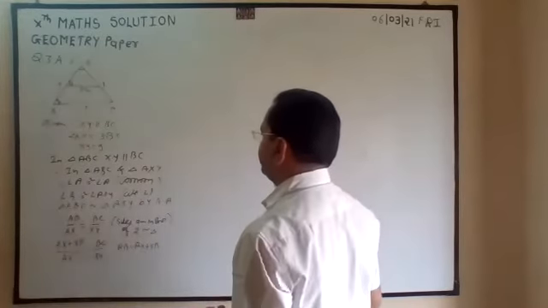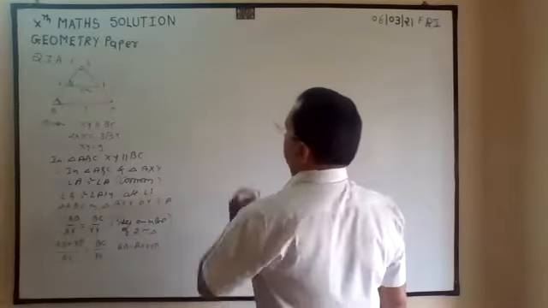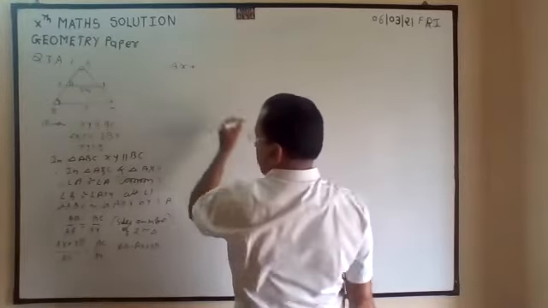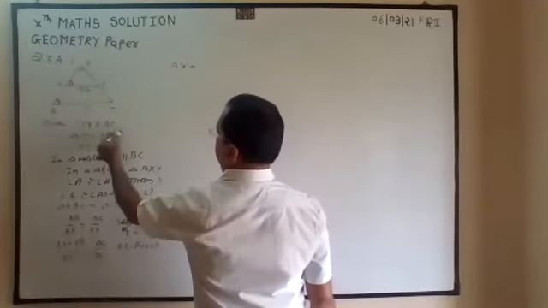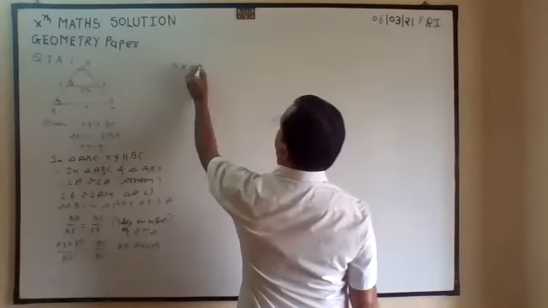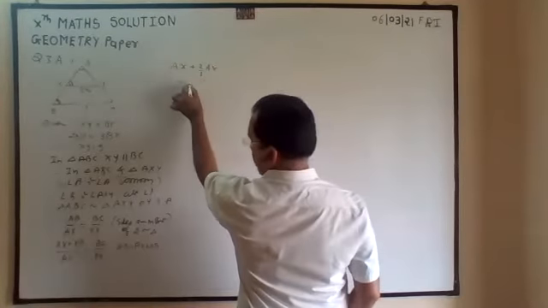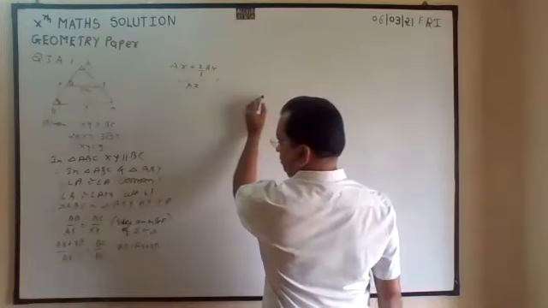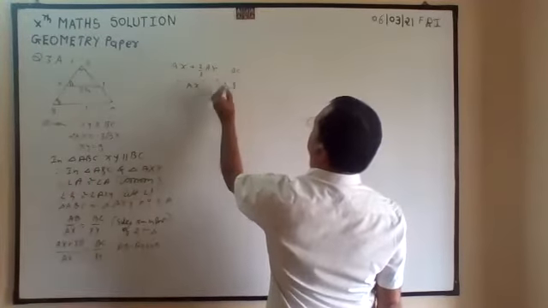Now, XB is equal to 2/3 of AX, divided by AX is equal to BC by 9.